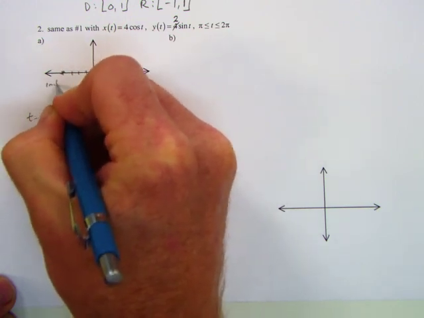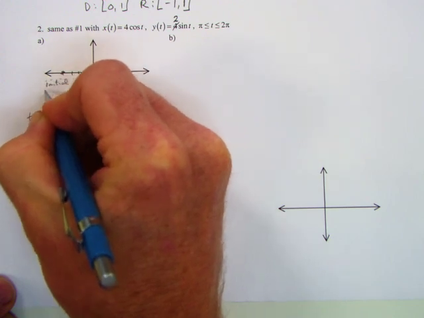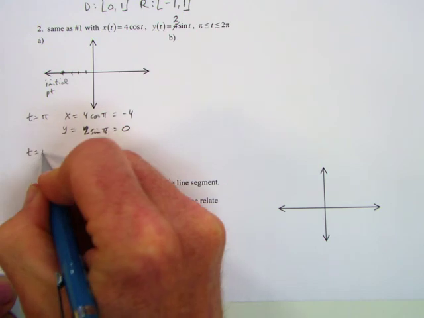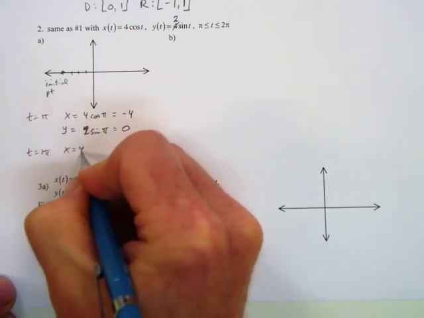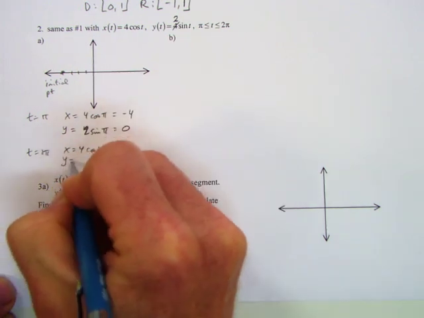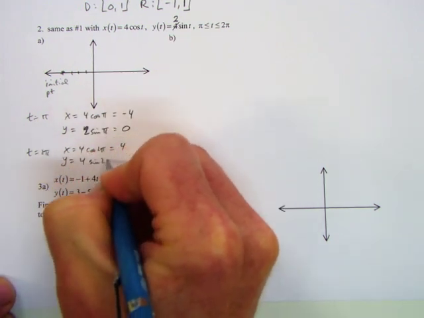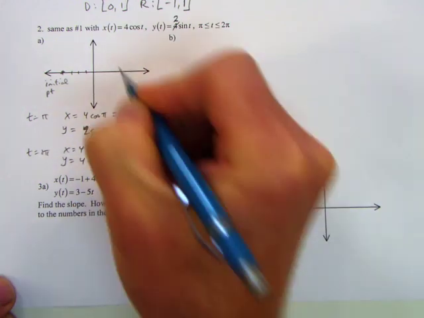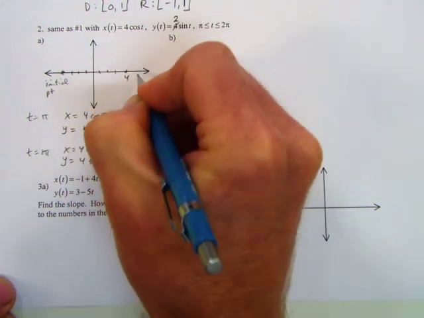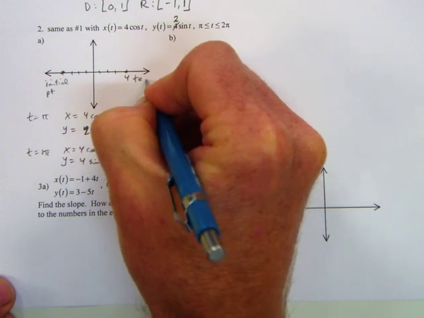This is our initial point. Our terminal point, t equals 2 pi: 4 times the cosine of 2 pi, 4 times 1 is 4, and y is 2 times the sine of 2 pi, so that would be 0. So we have the point 4, 0 as our terminal point.